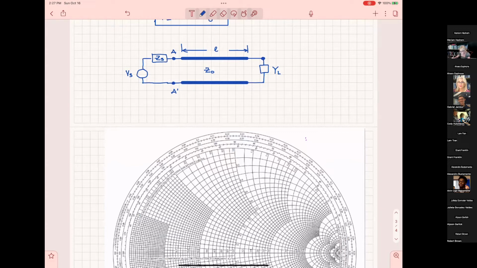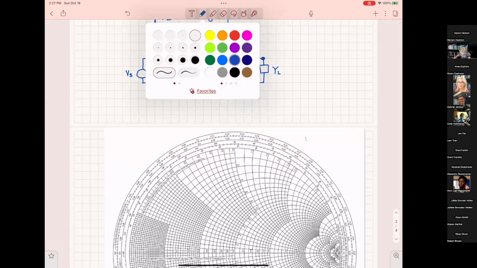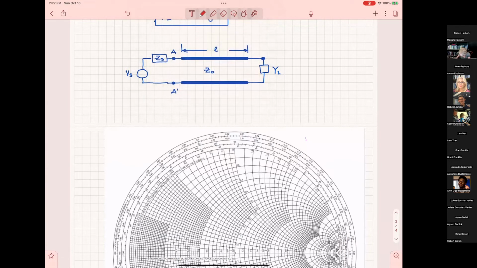Since I have to place a stub somewhere, the stub will have to be in a distance less than L from the load, all right? So the stub, for example, it will be a shunt stub, and I will explain why when we start the solution.